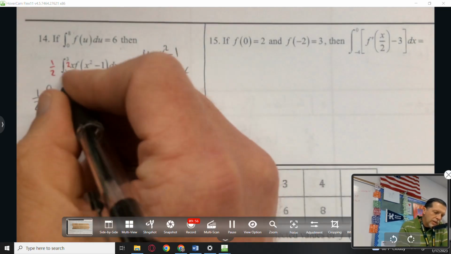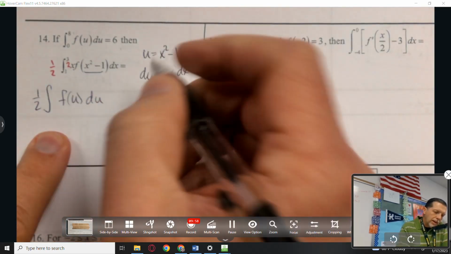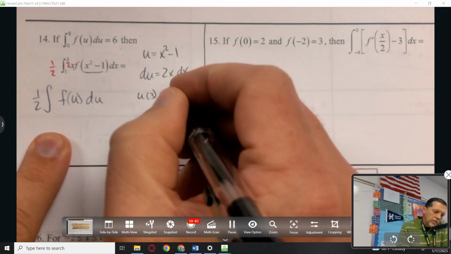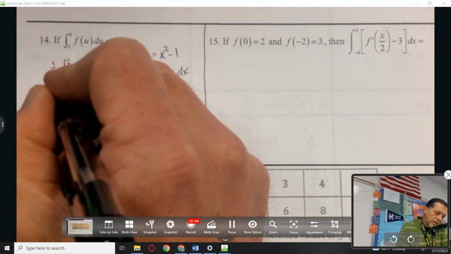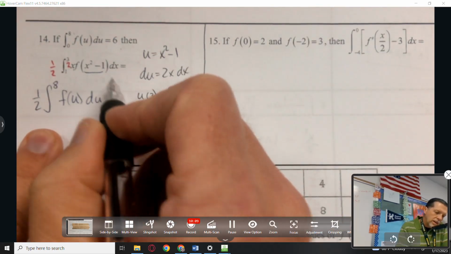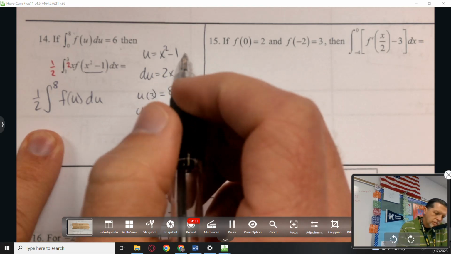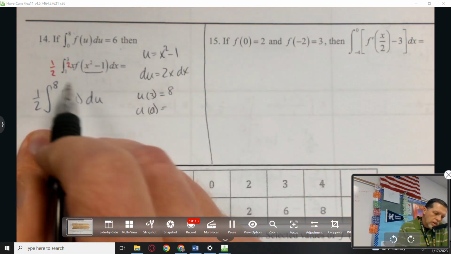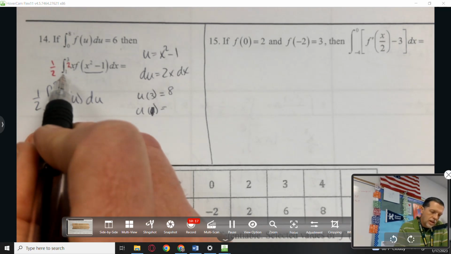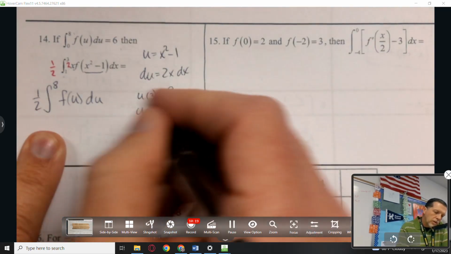But I need to put, instead of 1 and 3, I need to find u of 3. 9 minus 1 is 8. So my top bound is 8. U of 1, because x is 1. 1 squared minus 1 would be 0.